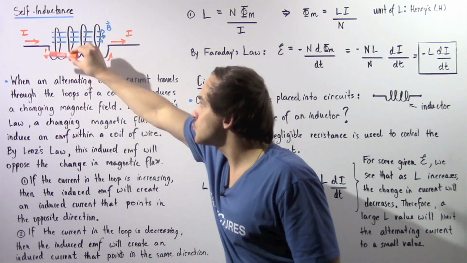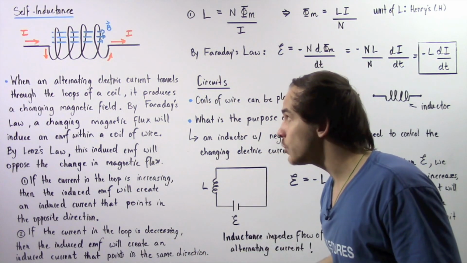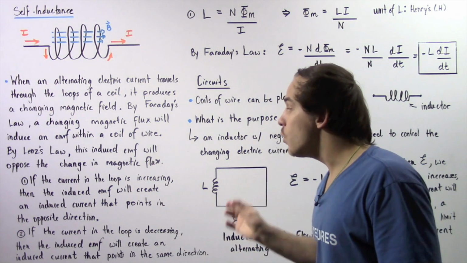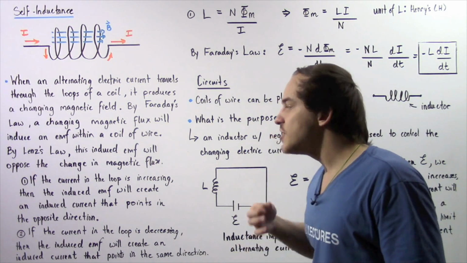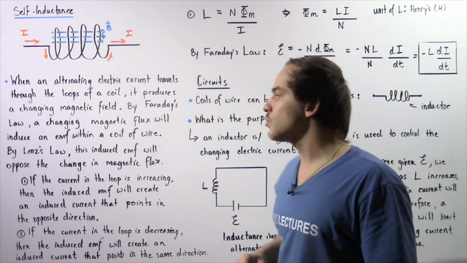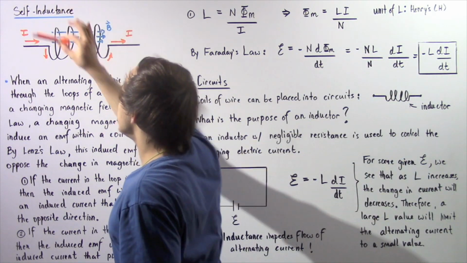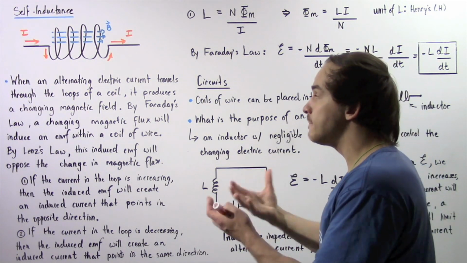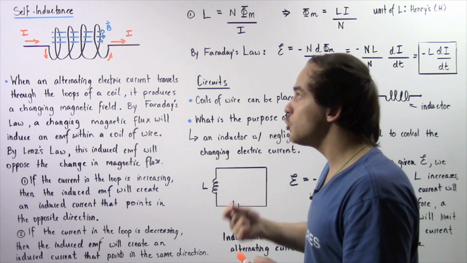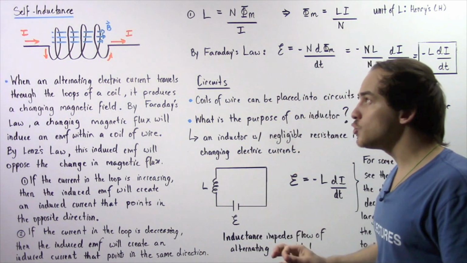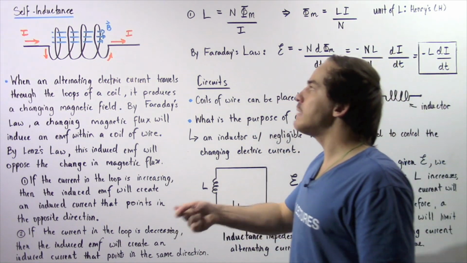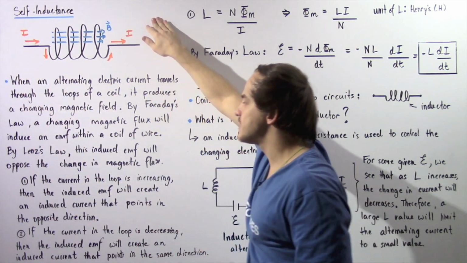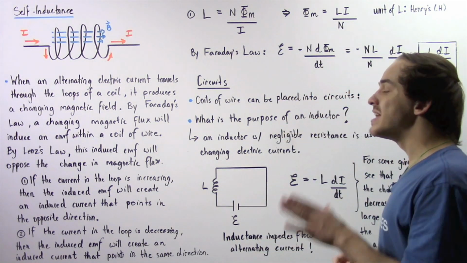Now, if the current I is increasing, that basically means that the induced EMF will create an induced current that will point in the opposite direction of this electric current, and that's because our magnetic flux is increasing, and so the induced electric current has to produce an induced magnetic field that points in the opposite direction of the magnetic field created by this electric current, which comes from Lenz's law.